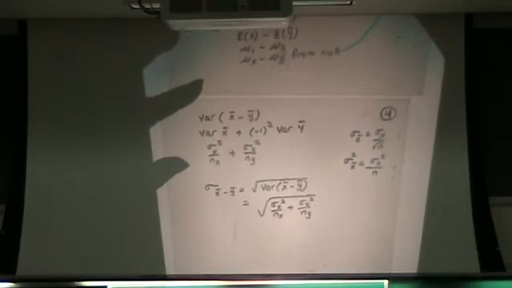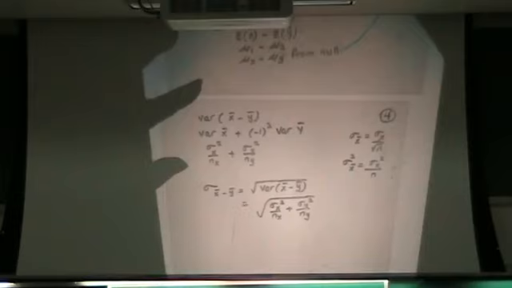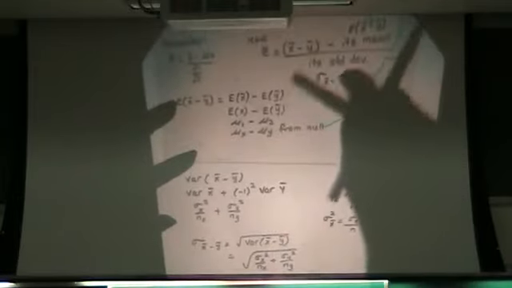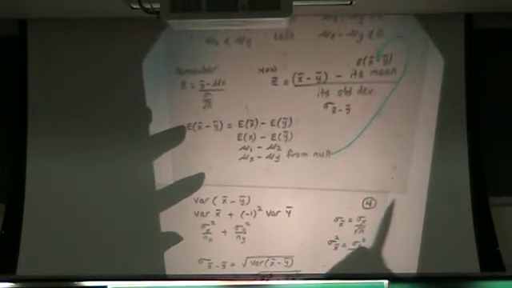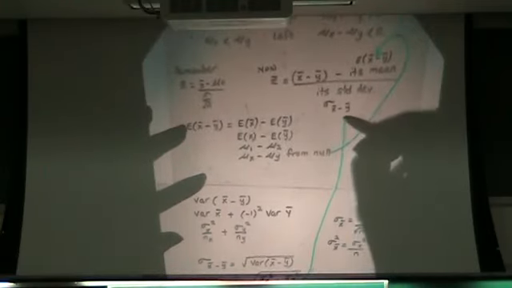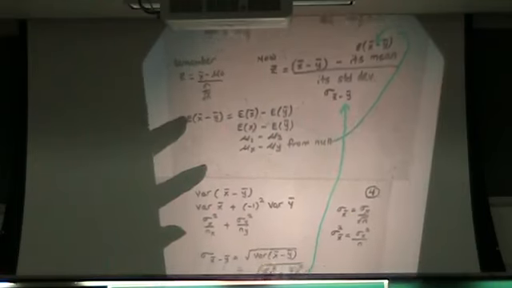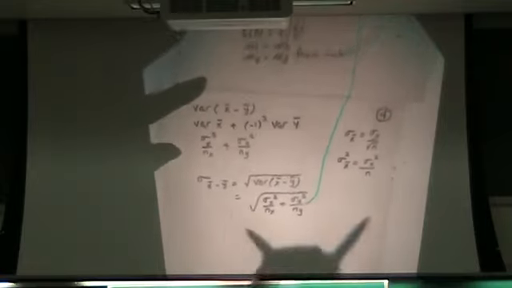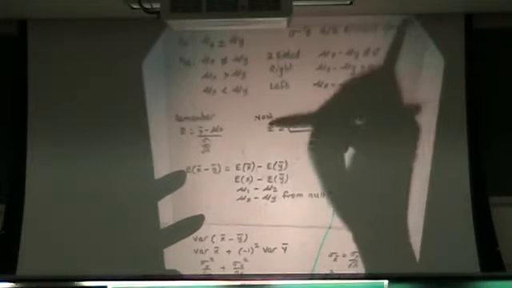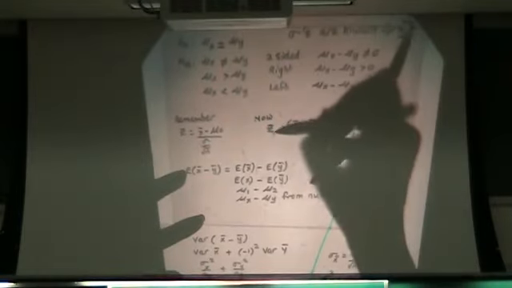And this term is what would go here. So this is my denominator. So when all is said and done, I get this formula for the test statistic. Let me call this Z0.